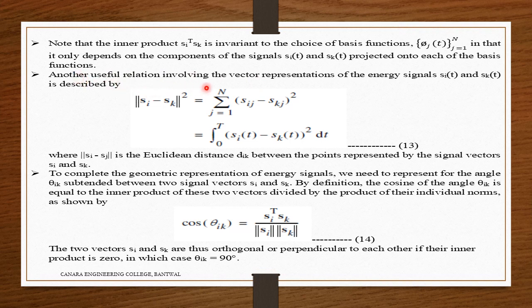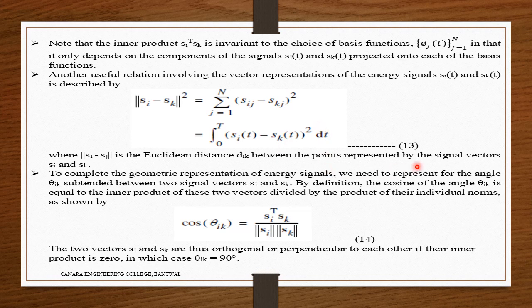Another useful relation involving the vector representation of the energy signals Si of t and Sk of t is described by mod of Si minus Sk the whole square, that is equal to the summation of j is equal to 1 to capital N of Sij minus Skj the whole square, that is equal to the integration from 0 to capital T of Si of t minus Sk of t the whole square into dt.